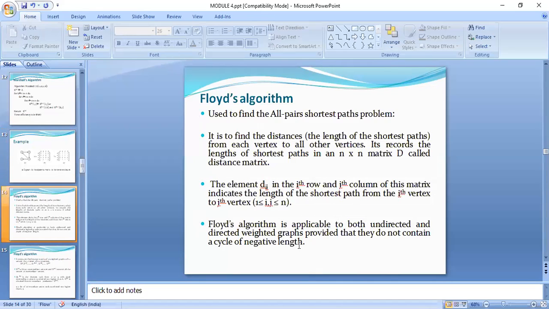At each stage we will be finding out the values, and we will get to know what the best one is. Here it's used to find the distances. Here we are using the same procedure of Warshall. The only thing is, there we used the Boolean matrix; here we will be using it as some values.